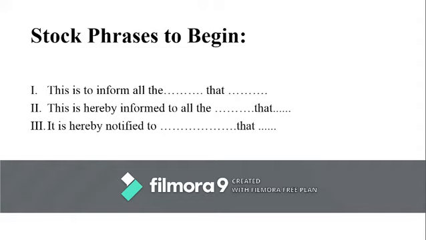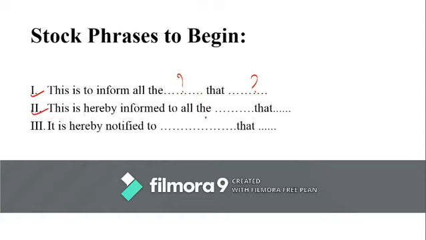Here are some probable beginning lines of notice. You can start something like this. This is to inform all, for example, all the students and staff members that the subject what you are going to inform. Or this way also you can begin.